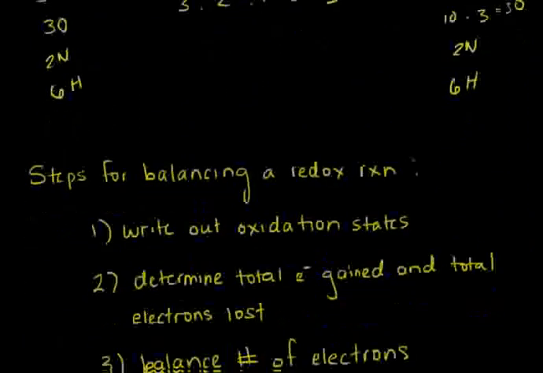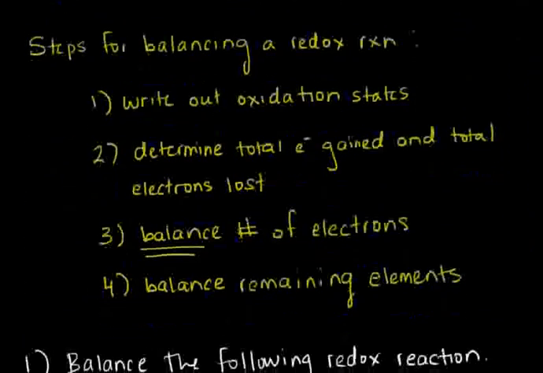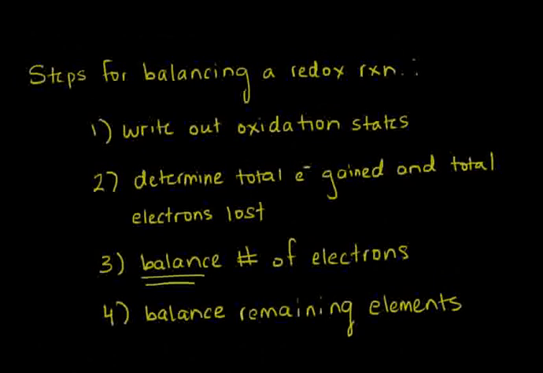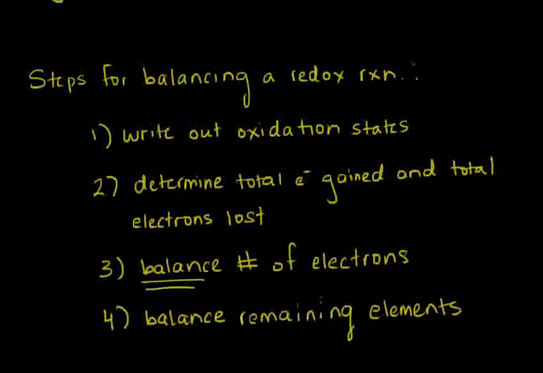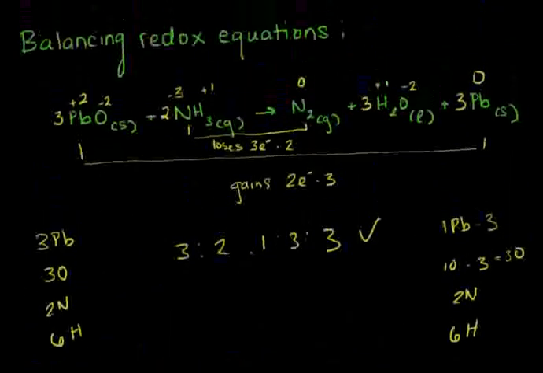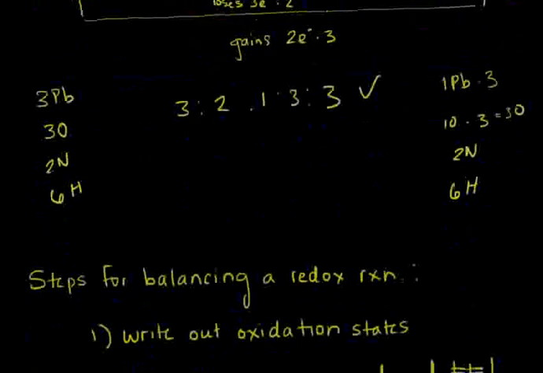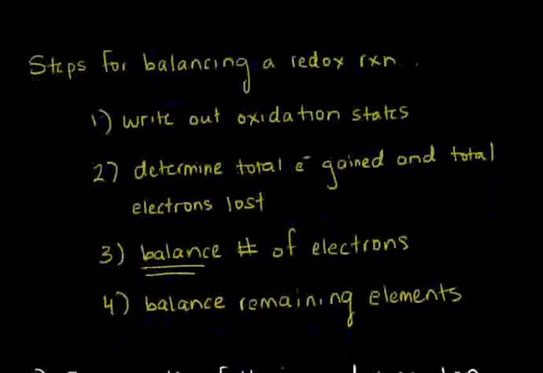And just to recap what we just did, here are 4 simple steps for balancing a redox reaction. The first thing we're going to want to do is write out the oxidation states. That's what we did here, remembering to always balance the charge on each compound or each molecule, making sure that the oxidation states sum to the charge on that compound or molecule. Next, we want to determine the total number of electrons gained and the total number of electrons lost.